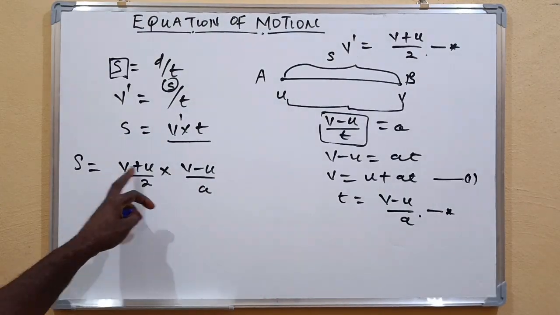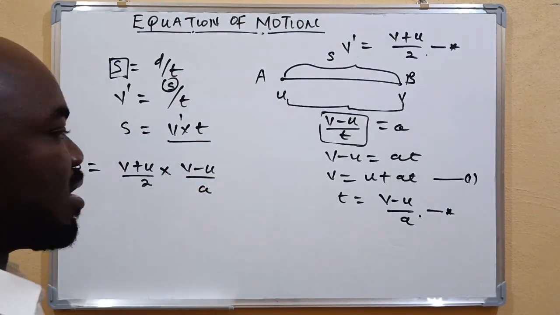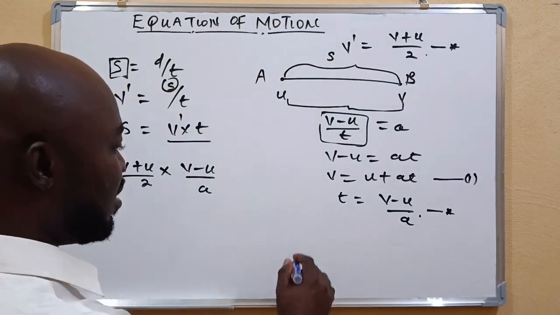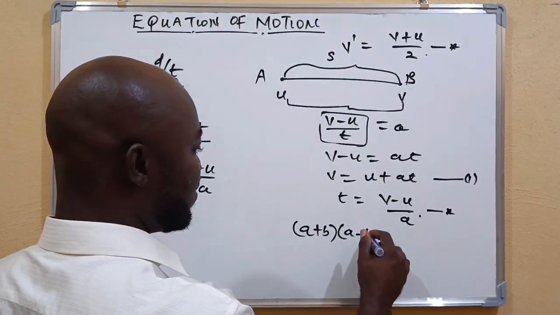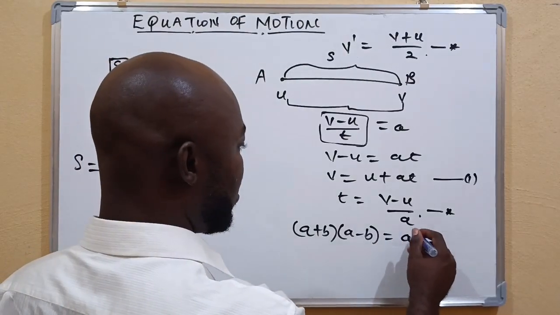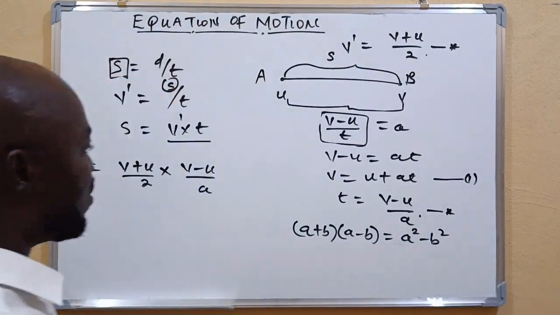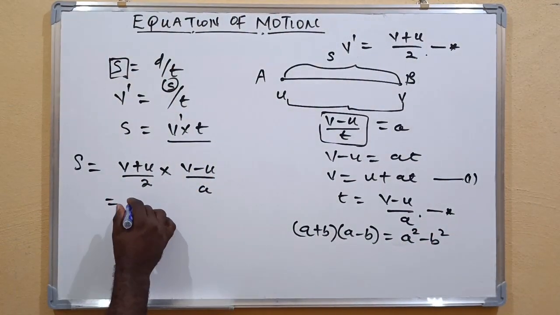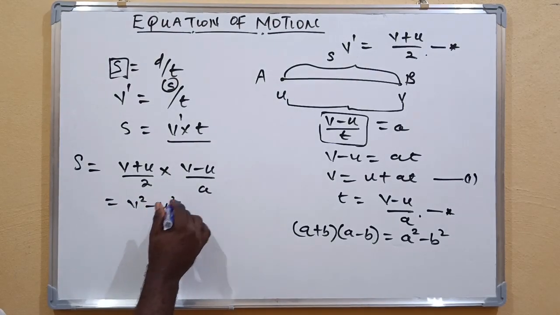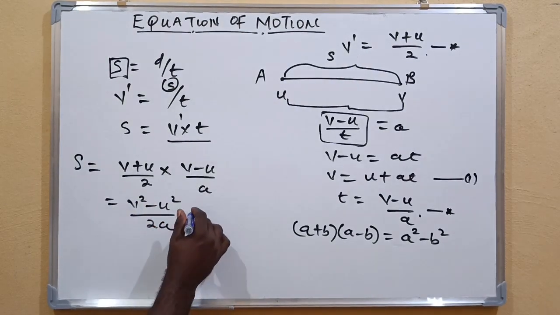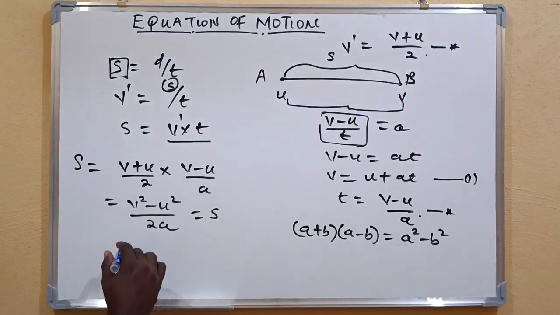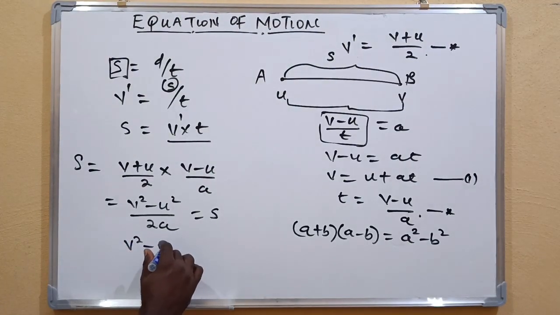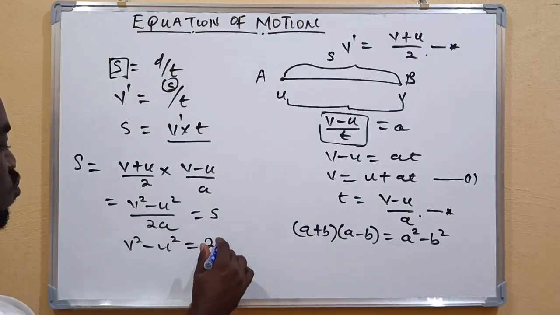Okay, so this is difference of two squares. I made it in one of my videos that if you have a plus b multiplied by a minus b, it is simply a square minus b square. So what is going to happen here is v square minus u square divided by 2a, and that will be my distance. So if I cross multiply, I'm going to have v square minus u square give me 2as.